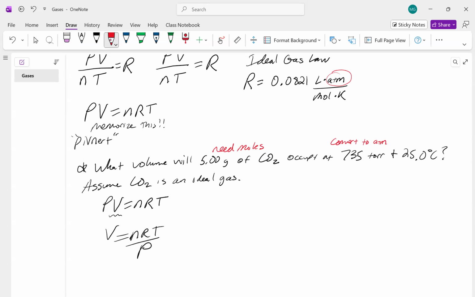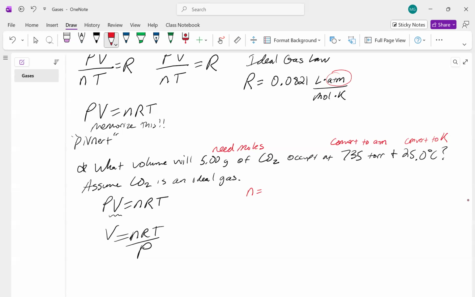And I have a temperature, but as usual, when we deal with gases, temperature needs to be converted to Kelvin. So let's work on those conversions first, and then we can throw that into our equation.